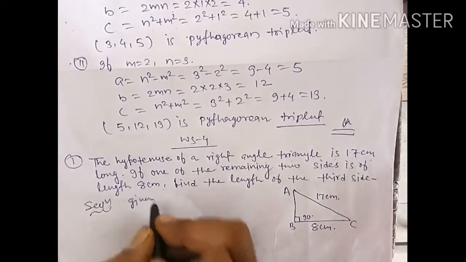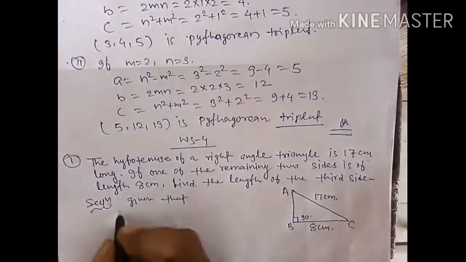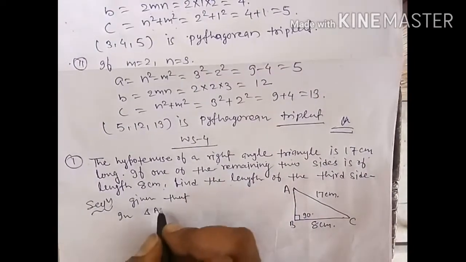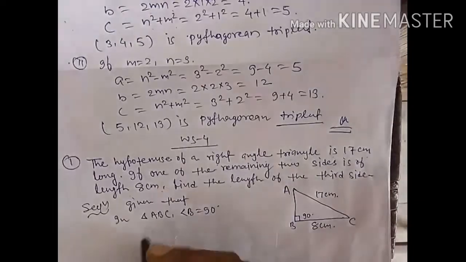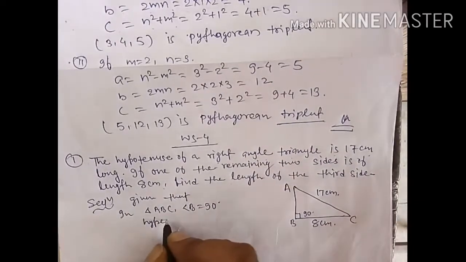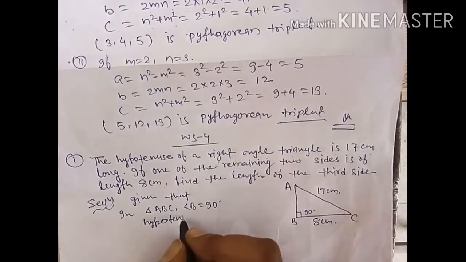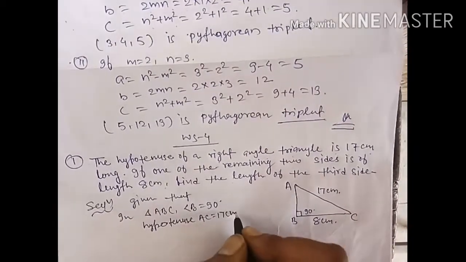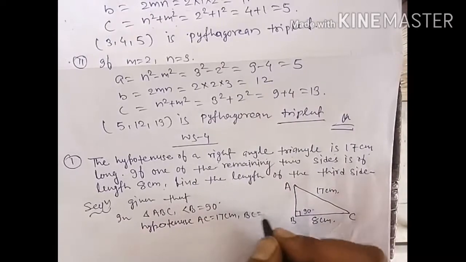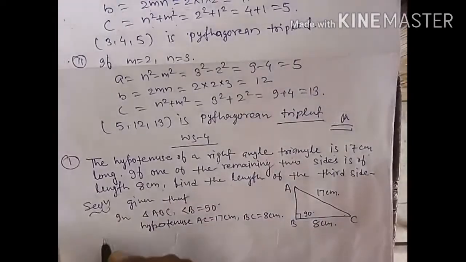Given that in triangle ABC, angle B is equal to 90 degrees, hypotenuse AC is equal to 17 centimeter, BC is equal to 8 centimeter.